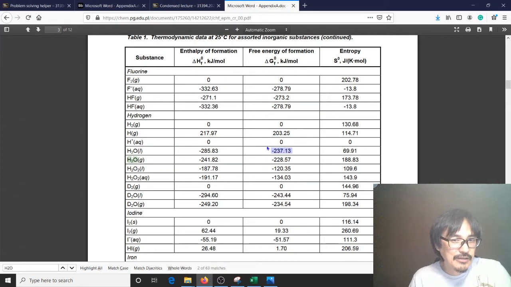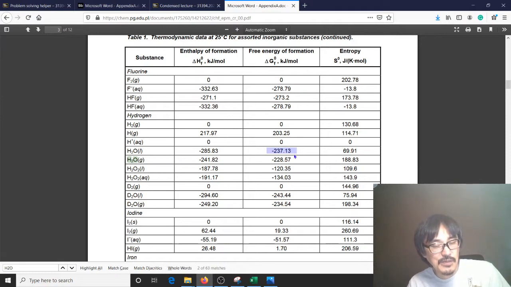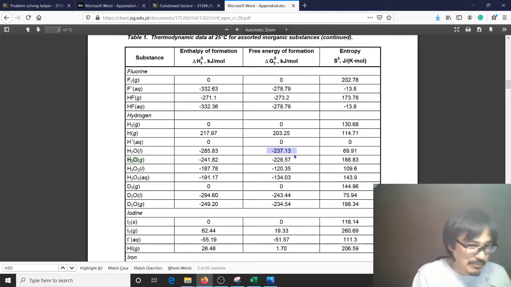So at room temperature, H2O tends to be liquid rather than the gas phase. The liquid phase is lower in energy, and things always tend to be in a lower energy form. So H2O is actually liquid at room temperature.